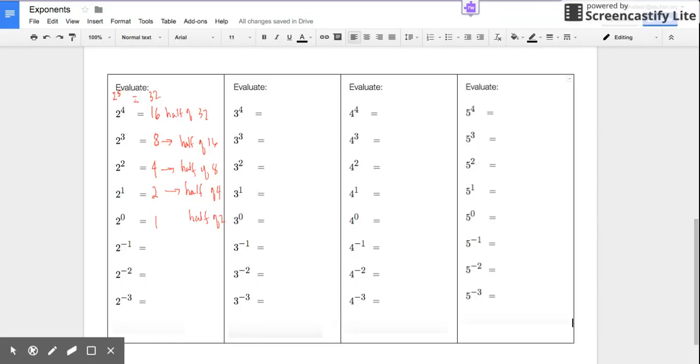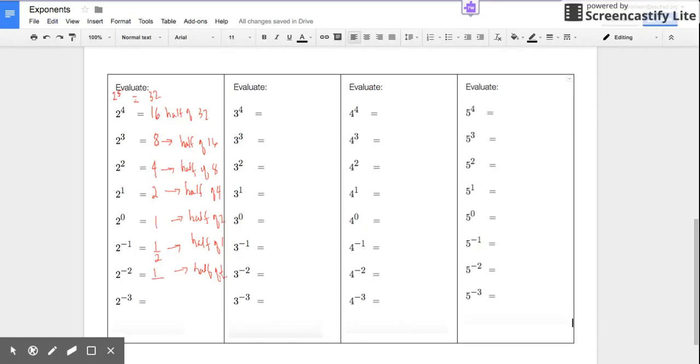Now, if I want to find 2 to the negative 1, then I'll just continue the pattern. I'm going to say that it's going to be half of 1. And half of 1 is 1 half. And 2 to the negative 2 will be 1 half of 1 half, which is going to be 1 over 4.